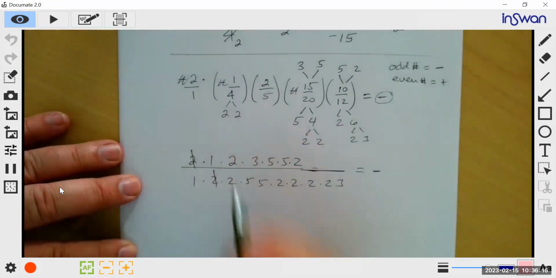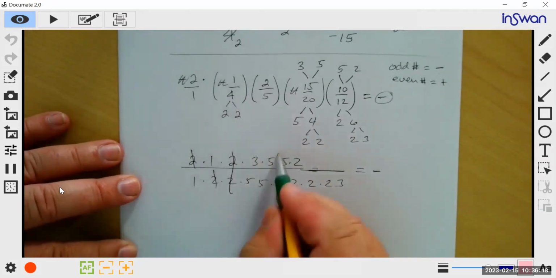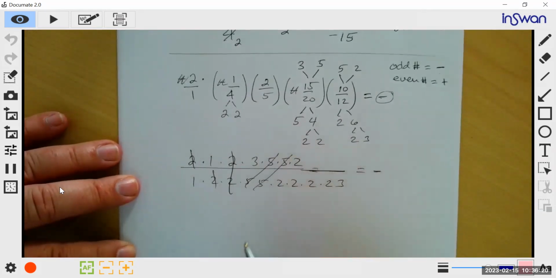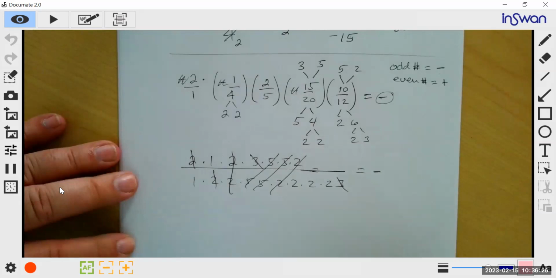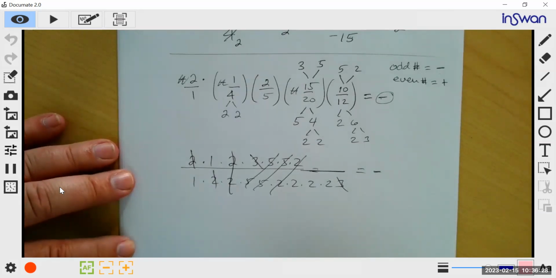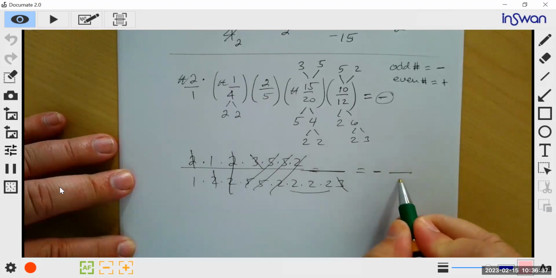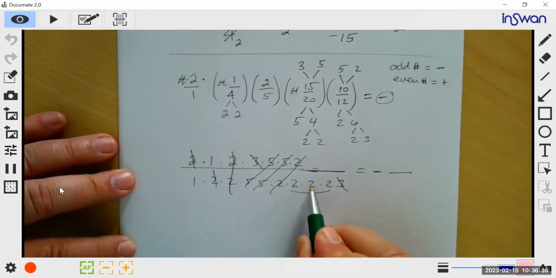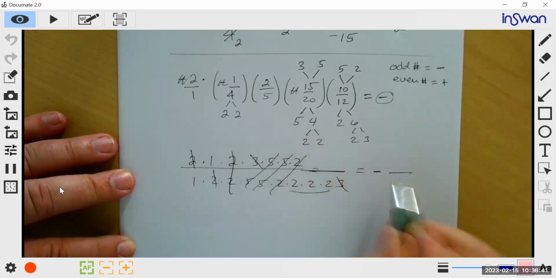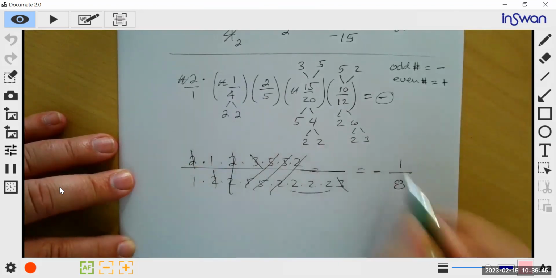The 2's cancel, the 2's cancel, the 5, the 5, the 2, the ones, yeah, but the one's never canceling. You always have a 1. So all we have left on the bottom is 2 times 2 times 2. And on top, everything's canceled, so I have a 1.